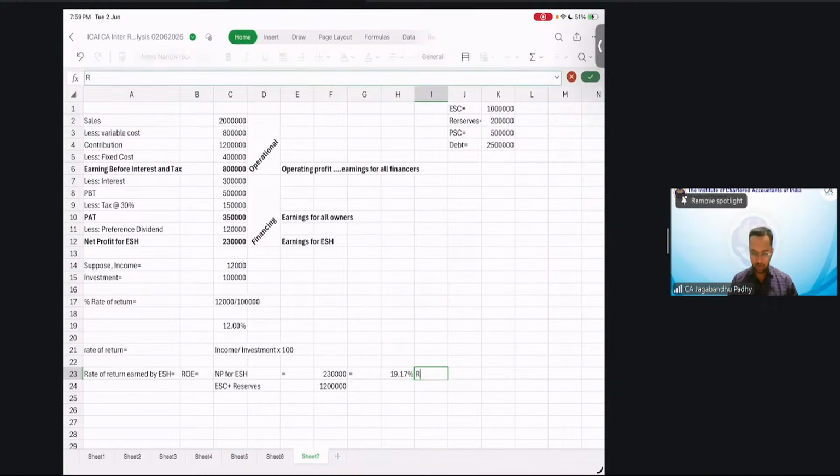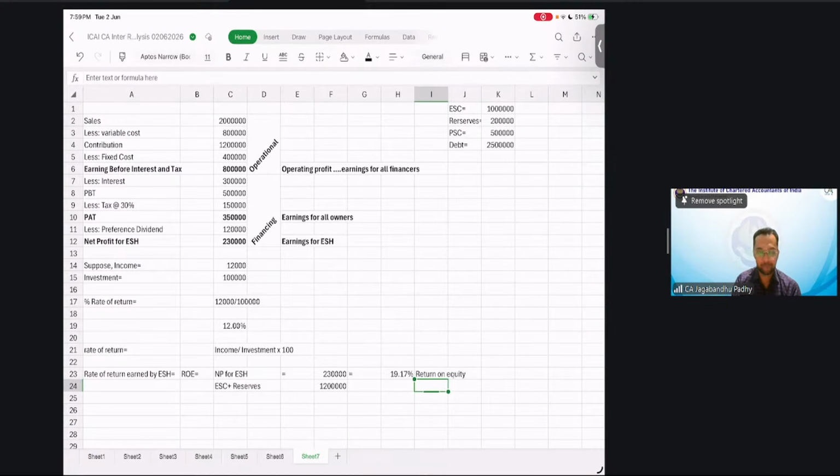Right? So this is what we call return on equity, 19.17% as the return on equity.